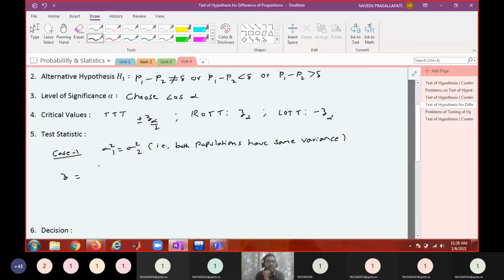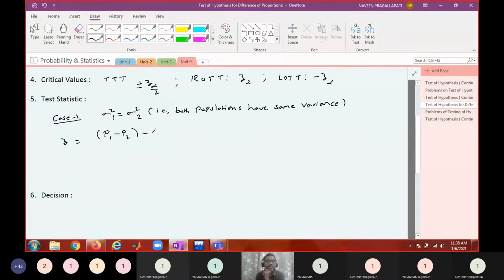Now the random variable will be the difference of the sample proportions, that means p1 minus p2 minus mu of p1 minus p2, divided by sigma of p1 minus p2, and this is the formula for any test statistic.